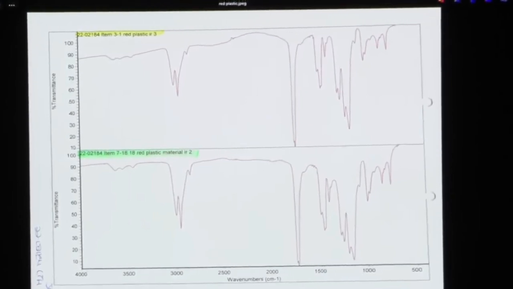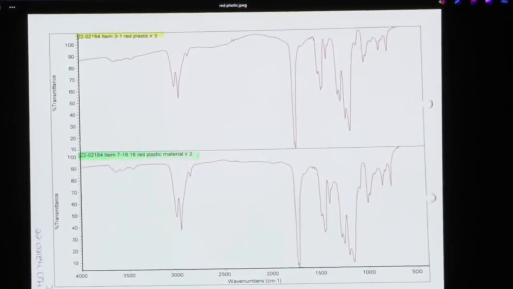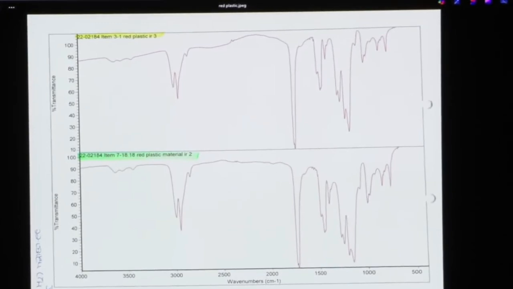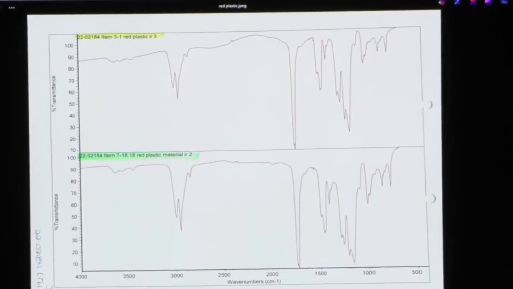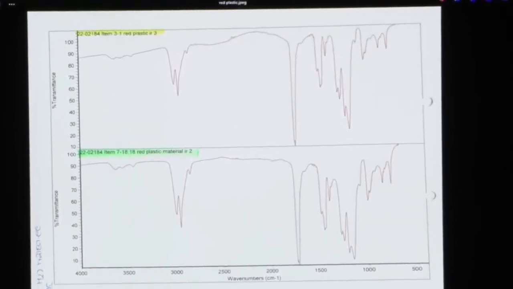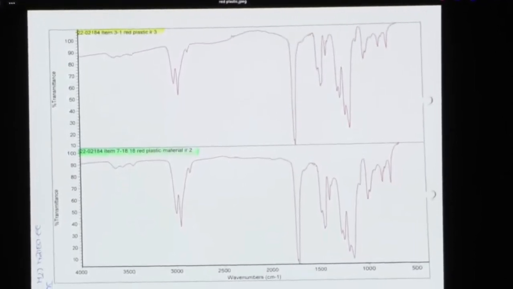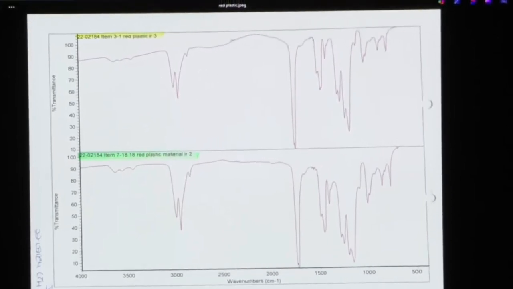Thank you. And Ms. Gilman, if I could have the red plastic data. And Ms. Hanley, directing your attention to the screen again with the laser pointer, if you could delineate for the jury which set of data is associated with which item. So the top spectrum is item 3-1 and the bottom spectrum is item 7-18.18.